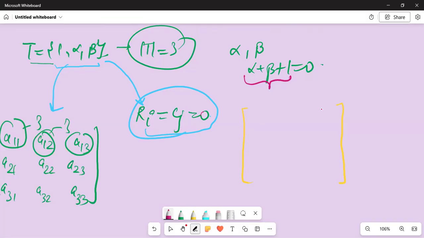So you will be getting a 0 only if the elements are alpha, beta, 1, or 1, beta, alpha, anything, but the pattern should be like this only. Okay. So first of all, place it like this. Let this be alpha, this be beta, and this be 1.